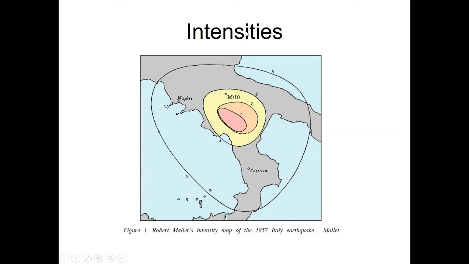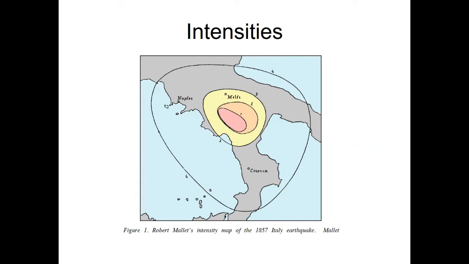So I wanted to start with just a few words about intensities because it's an old idea, but it remains a very important one, and it's going to come up throughout this talk. Earthquake magnitude is a number that tells you the size of the earthquake. But the magnitude scale was only introduced in 1935 by Charles Richter.